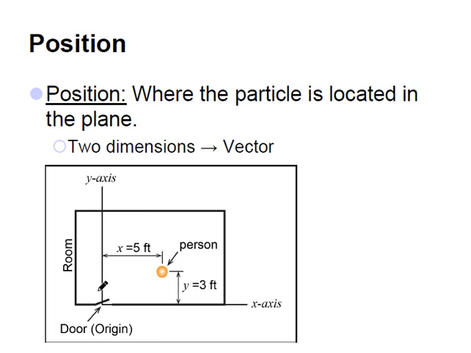Since you have two different axes, you have two directions. Since you have the directions, your position in this fixed frame is going to be a vector. You have this direction and that direction, and you have a resultant combined direction of that object. So the position is a vector. It's going to show you where the particle is.